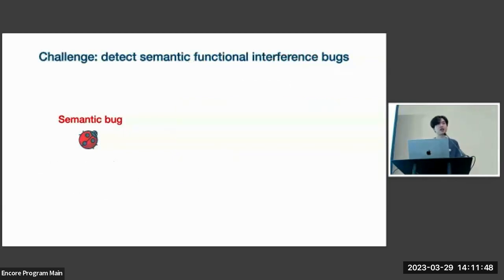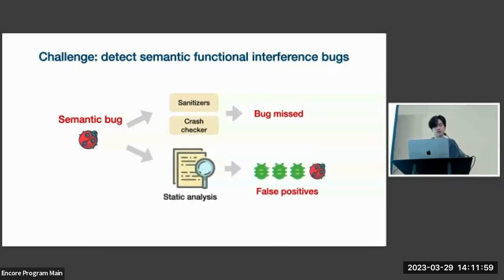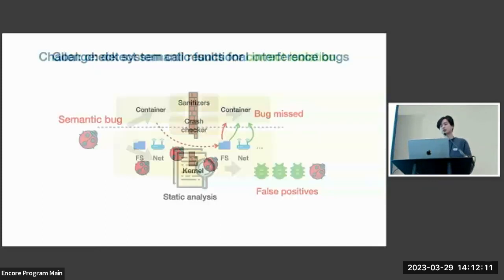These semantic bugs are very challenging to detect. They cannot be detected by traditional dynamic bug detectors, such as memory sanitizers or crash checkers. While static analysis can detect semantic bugs, it could produce high false positives, mainly due to the complexity of the kernel, which extensively relies on function and data pointers.